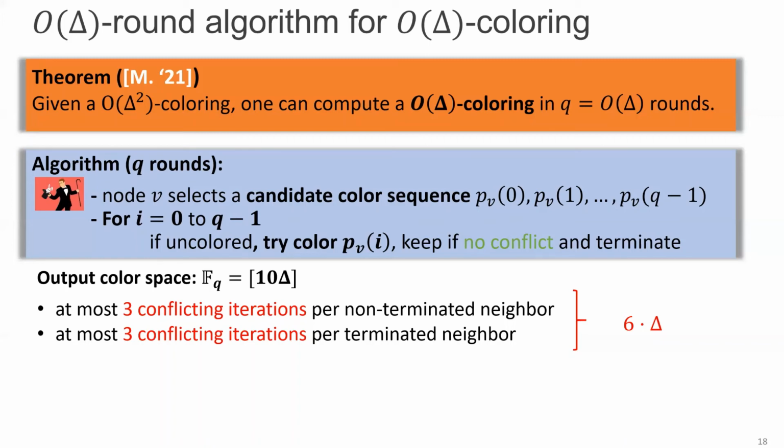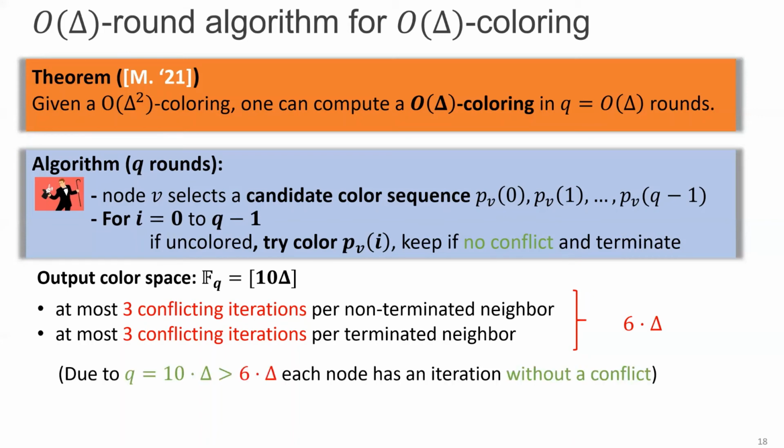Once the neighbor has terminated, it sticks to its color, so you can interpret it as a constant sequence or a constant polynomial. Again, you have at most 3 iterations where you're conflicting with such a neighbor. So in total, you have at most 6 times delta iterations in which you're conflicting. Because the total number of iterations is more, each node has an iteration without a conflict.